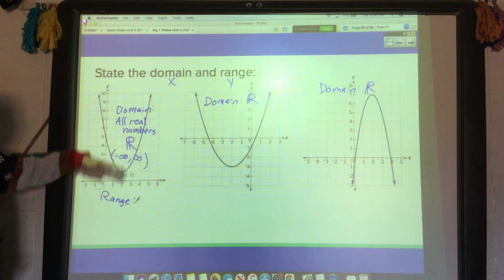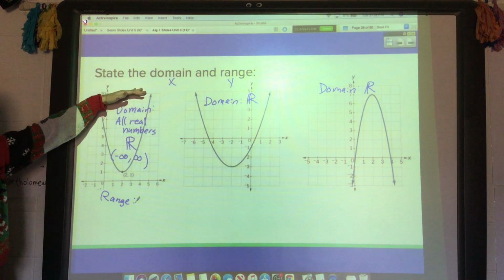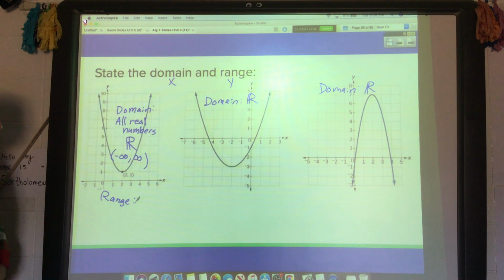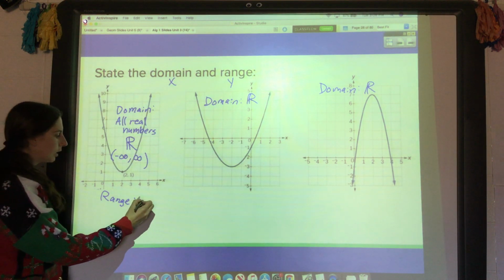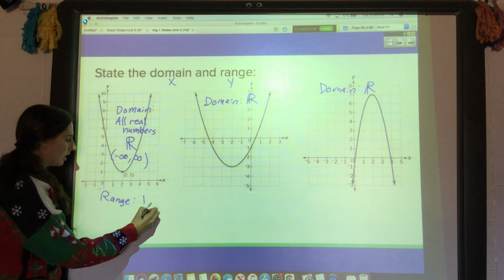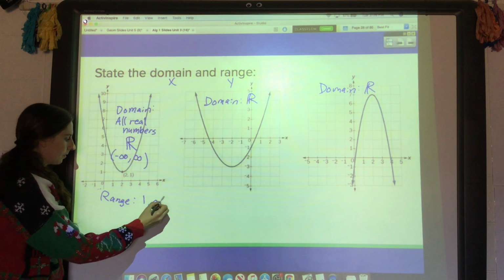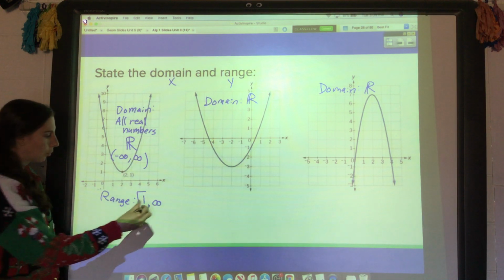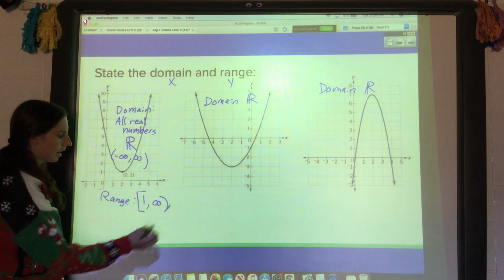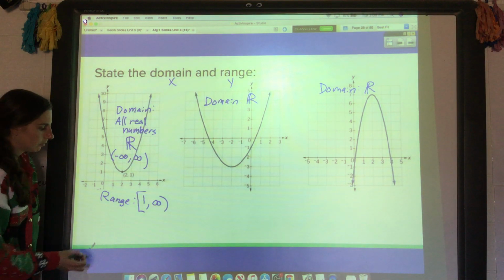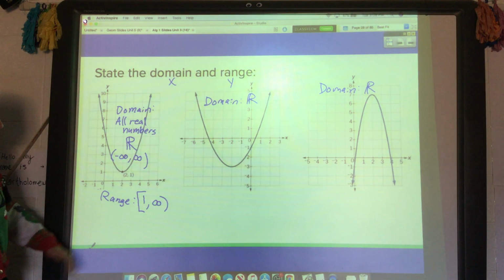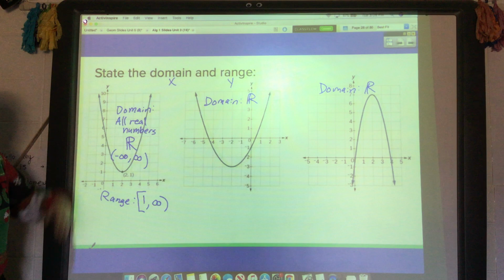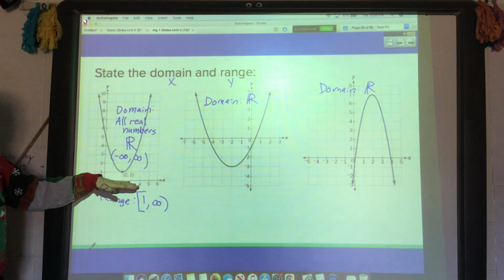I can only get y values that are 1 or greater. And so for the range, we only want numbers from 1 to infinity. And that is including 1 because it does hit right at 1, and we use a parenthesis around infinity. So the range is only from 1 and up. It doesn't exist below that.